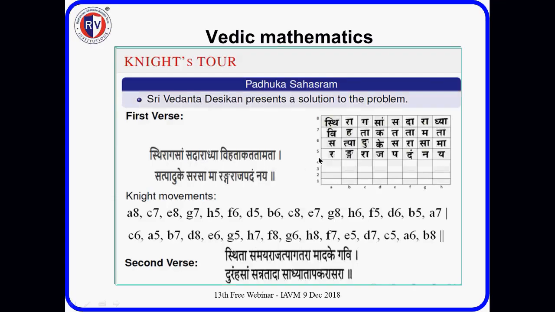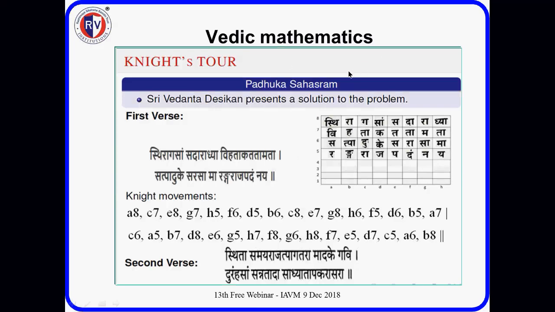Then go on like this, Gasam, that is C8, D8, and Sadaradhya, this line is over. Next, coming to the next line, Vihata katata mata, Satpaduke sarasama, Rangaraja padamnaya.